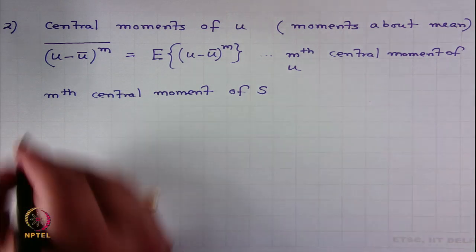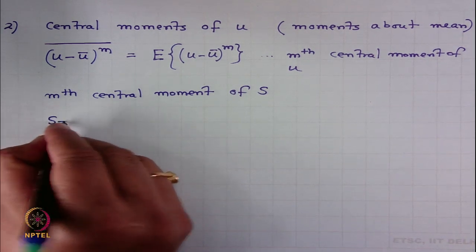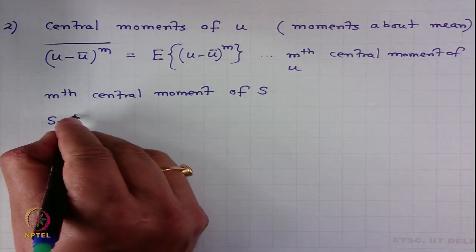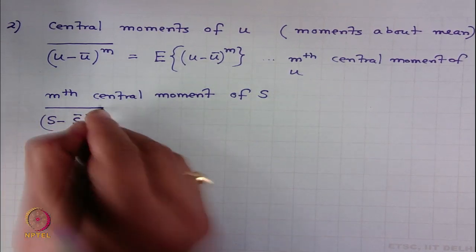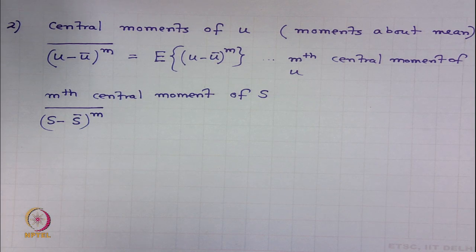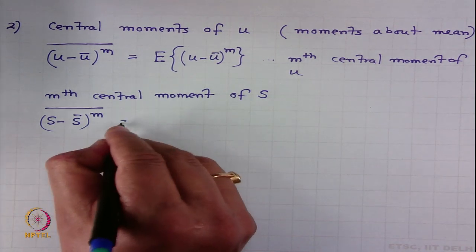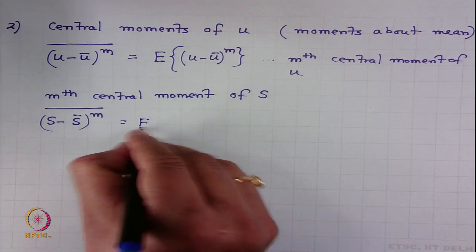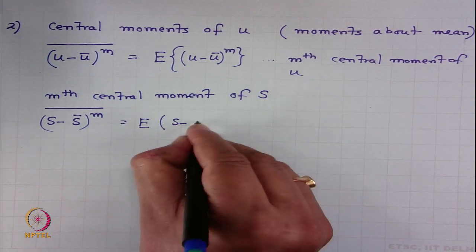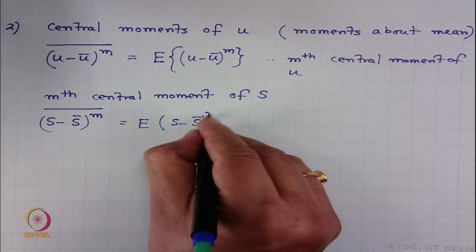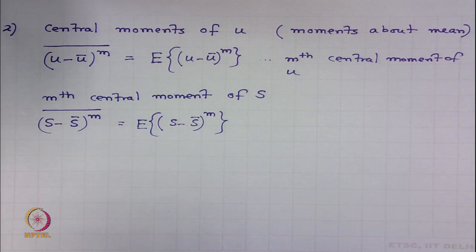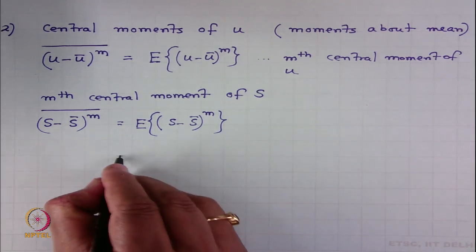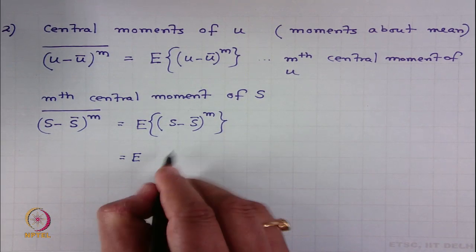How can we find it out? It is basically E of S minus S bar to the power m, right. So, what is your S?